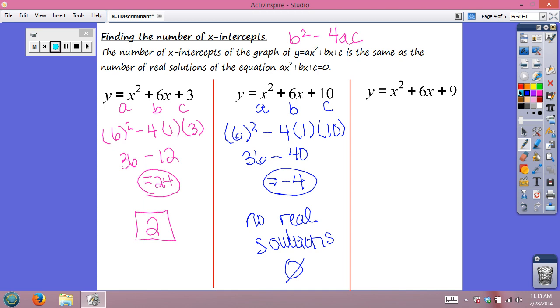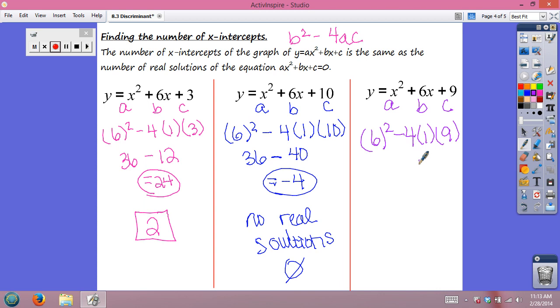In the next question, it's asking us x squared plus 6x plus 9. We really like the 6x's apparently. Let's label our a, b, and c. Again, we have 6 squared because our b is 6, minus 4. a is still 1. And our c value is 9. 4 times 1 again is 4.